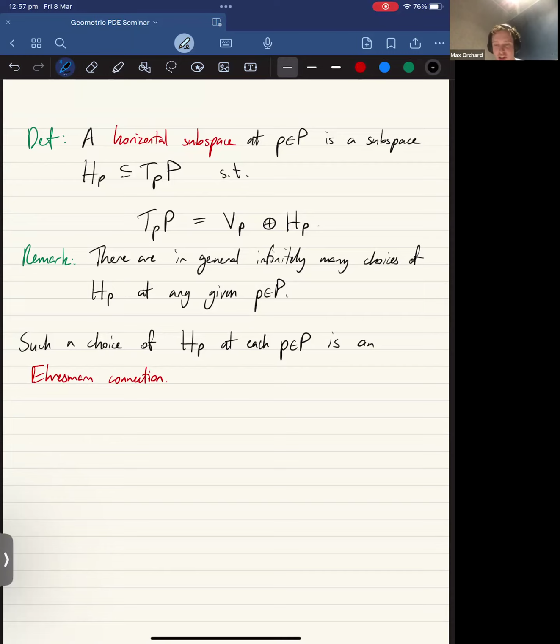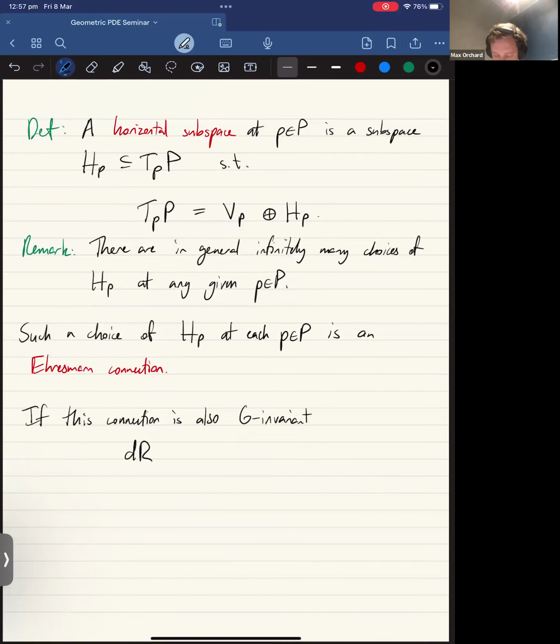If this connection is also G invariant, in the sense that if you take any horizontal subspace at a given point and you act on it by this right multiplication, which is just the group action, then you get exactly the horizontal subspace at the new point that you get to under the group action, we call such a connection a principal connection.